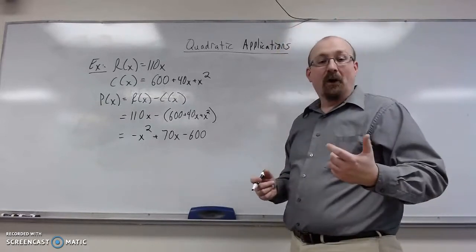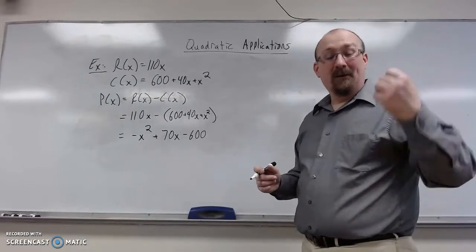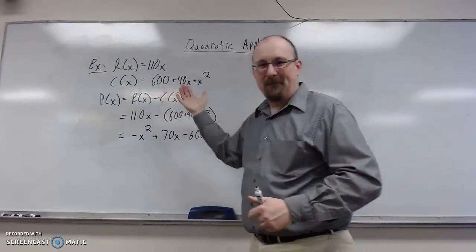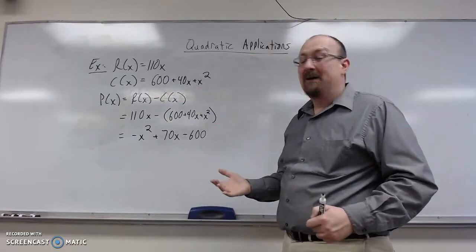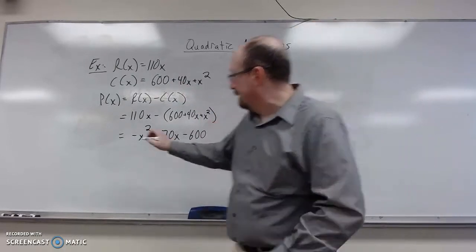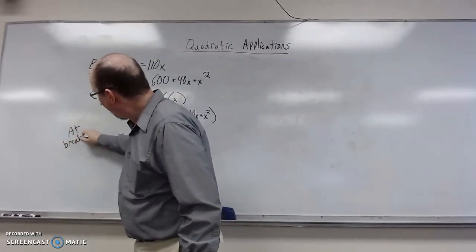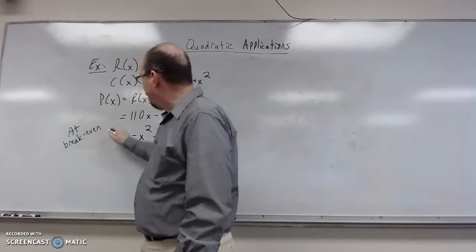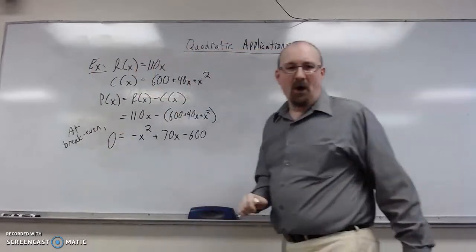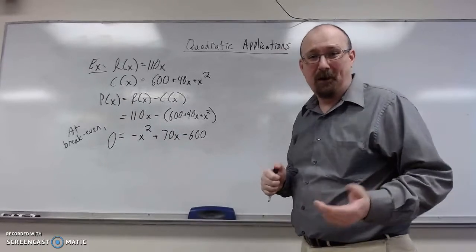All right, so if we want to know where we break even, we've said before, you could technically do revenue equals cost, or you can say profit needs to equal 0. So at the break even point, our profit function value has to equal 0.